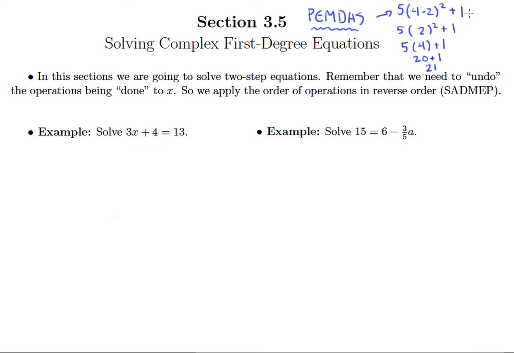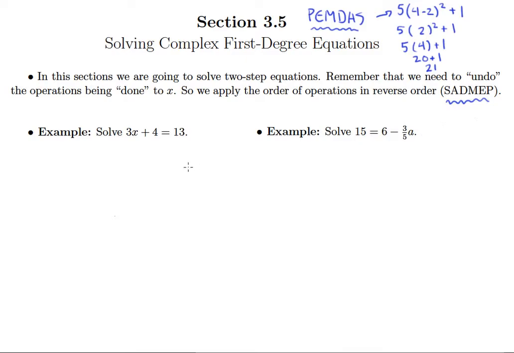Then I would undo the fact that I simplified in parentheses. So notice if we undid everything, we'd have to go backwards. And so that's essentially what we do when we solve an equation, is we apply the order of operations in reverse. And so I always write it out like this, SADMIP, right? So I just turn these letters around and go backwards like this.